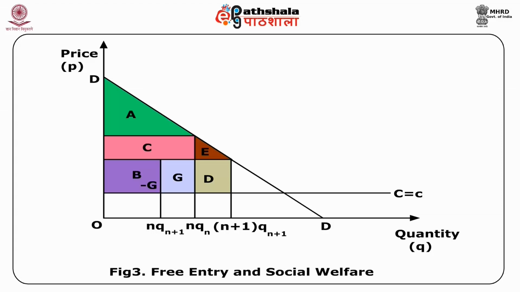This is a situation of the business stealing effect, when some of the profits of the incumbent firm get transferred to the entrant, or are stolen by the entrant in terms of reduction in per firm output, but do not get transferred to the society, which makes it profitable for the entrant to enter but not for the society.